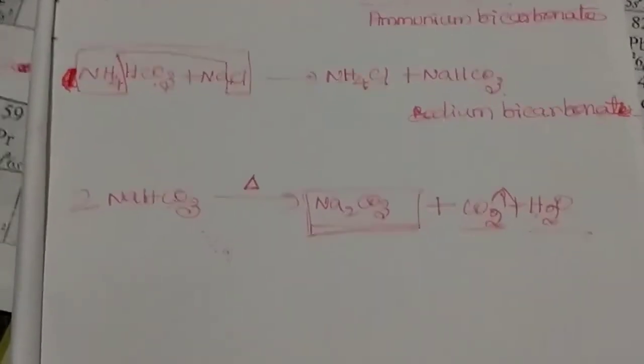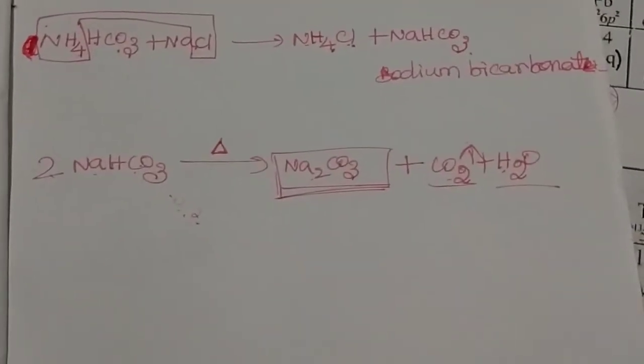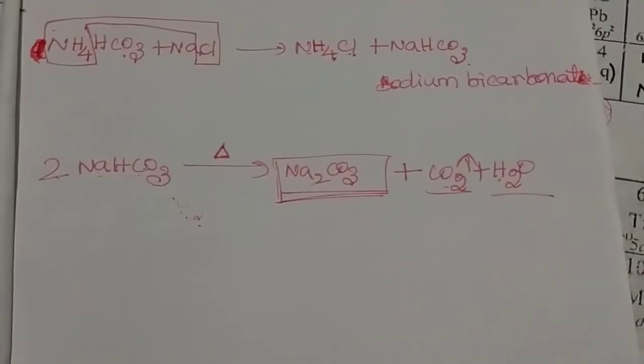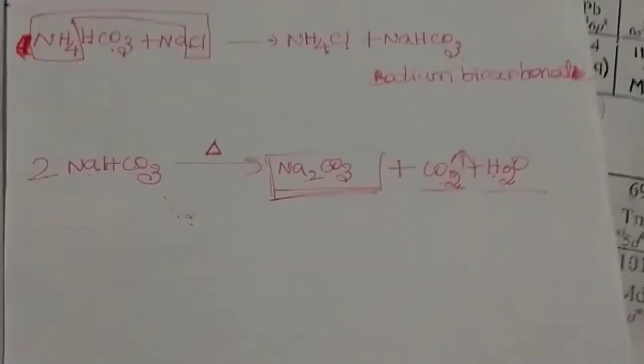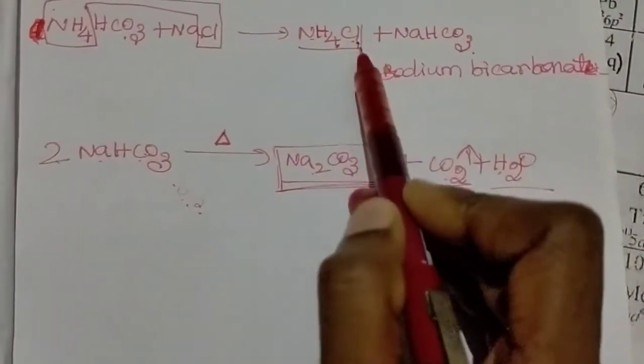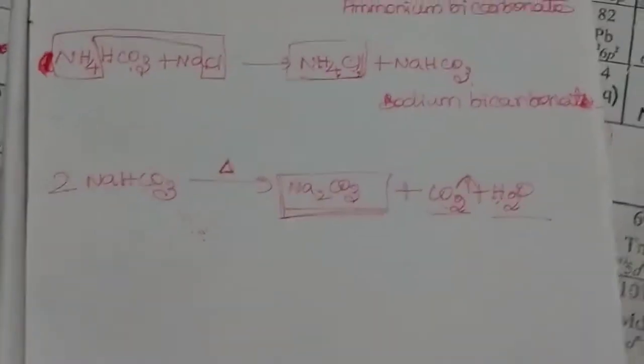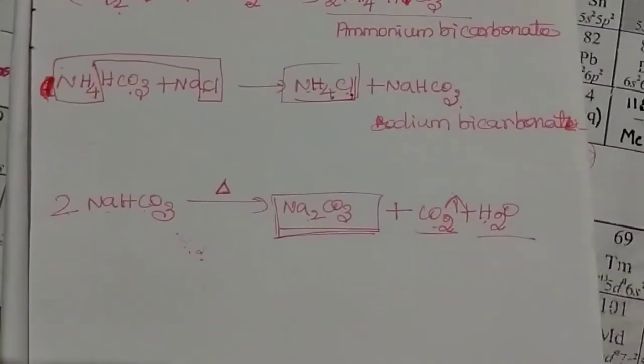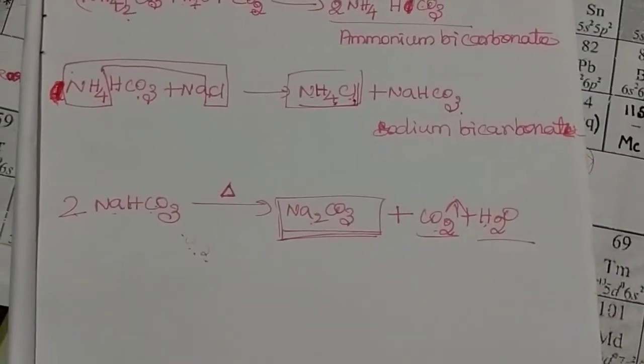So this is the process, 4 steps involved in the preparation of sodium carbonate. In the third step we got one more product, that is ammonium chloride.